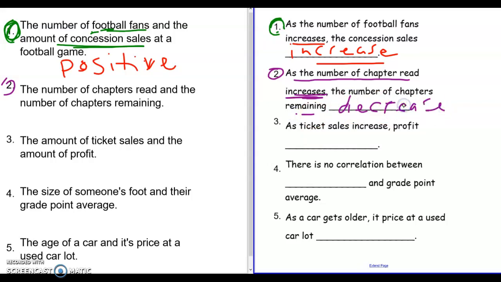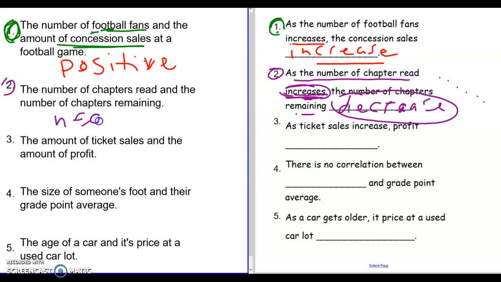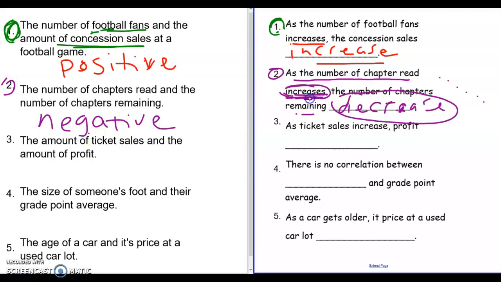And if one of these increases while the other decreases, that means it's going to look like this on your graph, which is a negative correlation. Boy, I really need to work on this stylus, don't I? So we're going to say negative correlation, because as one goes up, the other goes down.